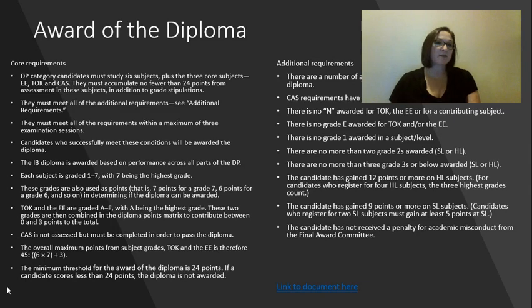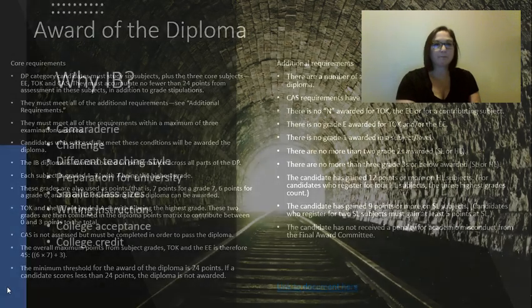They can get a maximum of 7 marks per class, so 6 times 7 is 42. And then they can also earn an additional 3 from theory of knowledge and the extended essay. So there's a long list of criteria, but those are the main things that you need to remember for awarding of the diploma.